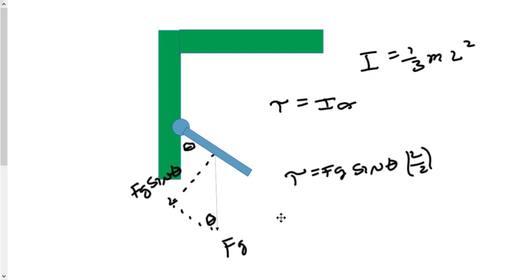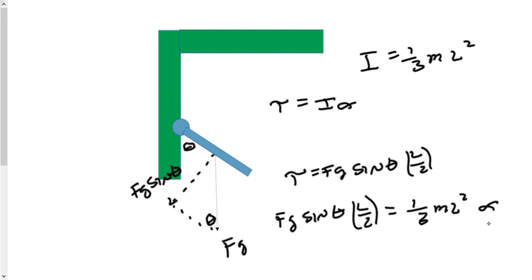So we'll have then force of gravity times sine theta times L divided by 2 has to equal 1/3 ml squared multiplied by alpha. Remember, force of gravity is mg, so you can get things to cross off and then simplify this and solve for what alpha is actually going to be. So that's how you deal with that question.